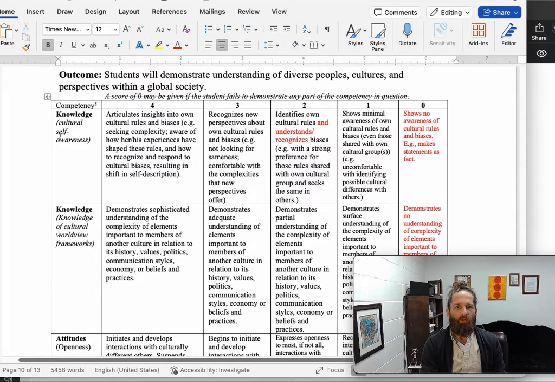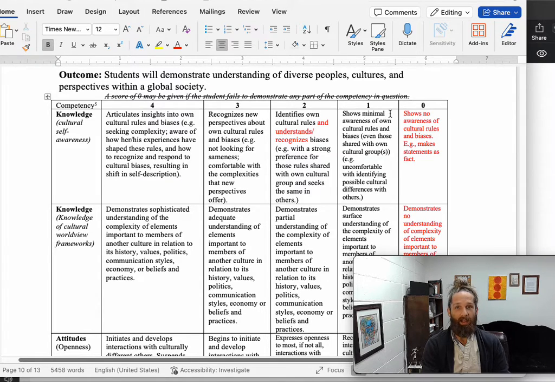So if you chose cultural self-awareness and that's the only one you want to focus on, notice the very basic entry-level step to achieving this competency is showing minimal awareness of cultural rules and biases. If that's the very first step, then you could design activities around that.